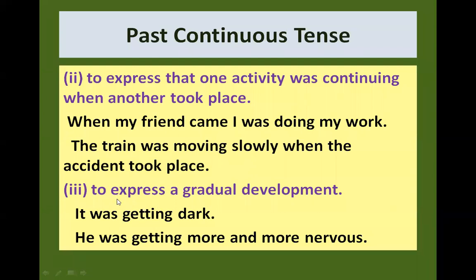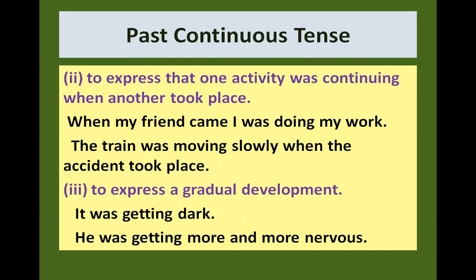And then the next one is to express gradual development. पास्ट की कोई एक डेवलपमेंट जो बहुत स्लो थी, बहुत ग्रेजुअल होती है. जैसे it was getting dark. अंधेरा जो है, बिल्कुल एक साथ ही नहीं भगवान लाइट स्विच ऑफ कर देते हैं कि अंधेरा हो जाता है. It is a gradual process, right. So when you are referring to any gradual process of the past, then we express it in past continuous tense, right?